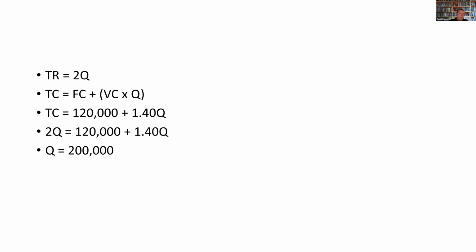Isolate Q, you divide both sides by 0.6, you end up with $120,000 divided by 0.6, Q then equals 200,000. So you have 200,000 containers that you would have to collect in order to break even, given your total cost as well as your total revenue. So that's your break-even point, the collection of 200,000 containers.